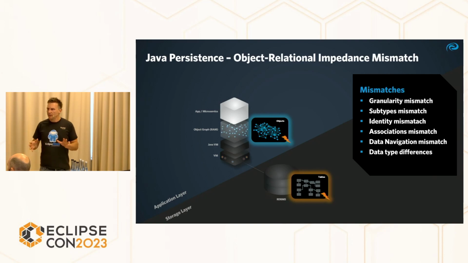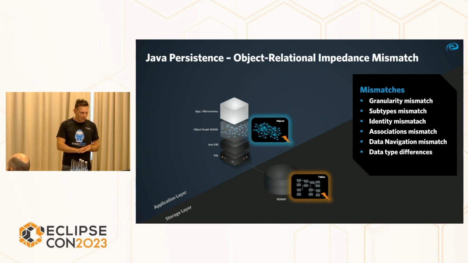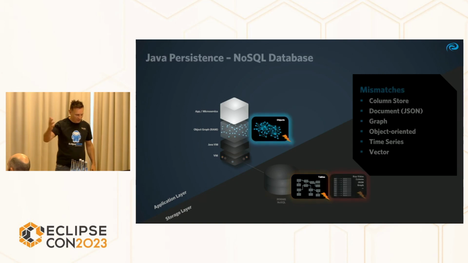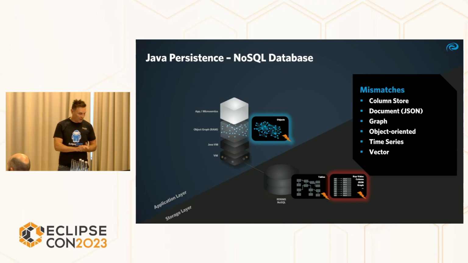And relational databases work fundamentally different from Java. So from a technical perspective, they are incompatible. It's not possible to store Java objects in a relational database. We have a lot of mismatches here. I don't want to dive in too deep. You can read more about this on the internet. There are a lot of great articles.